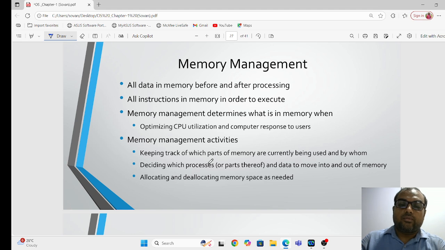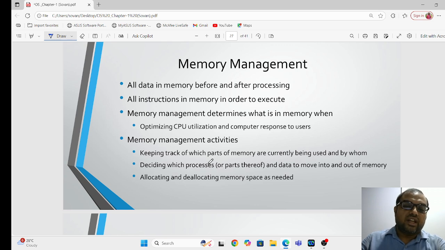So this is our main point: which data is actually being accessed from the memory. They can track their records in the memory management system, and decide which processes and data to move into or out of the memory.